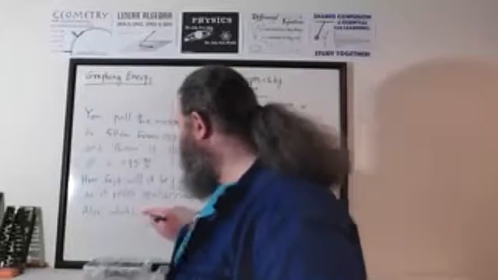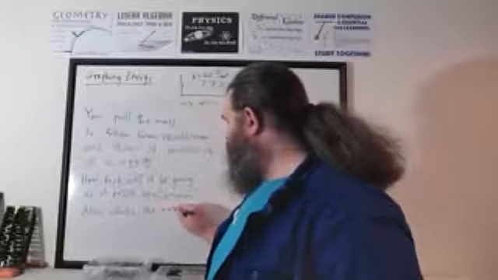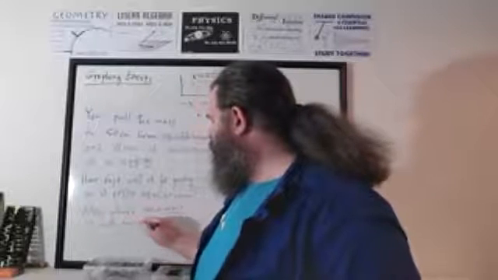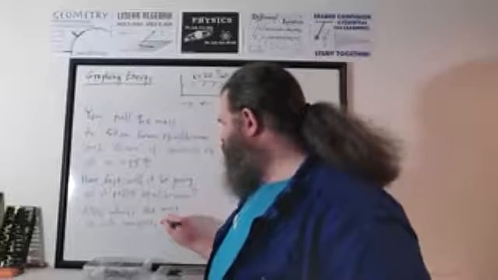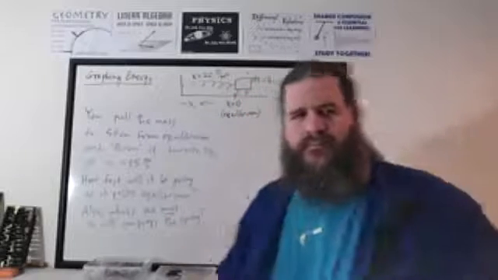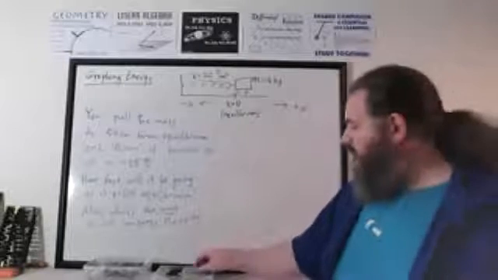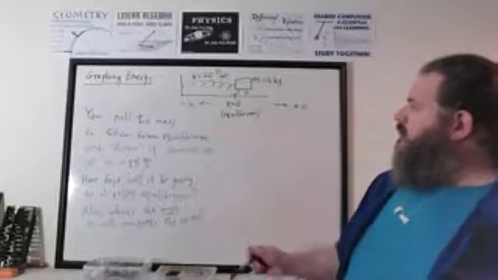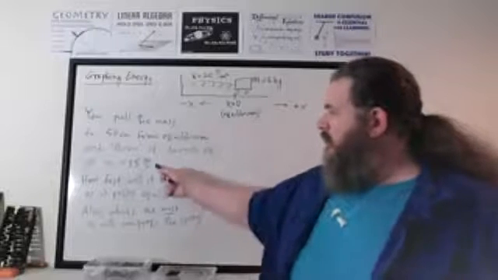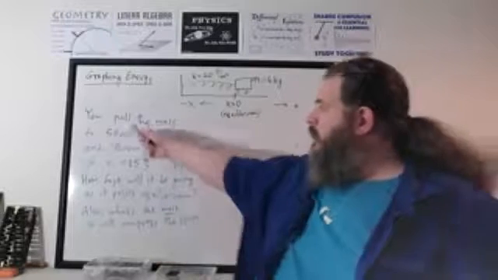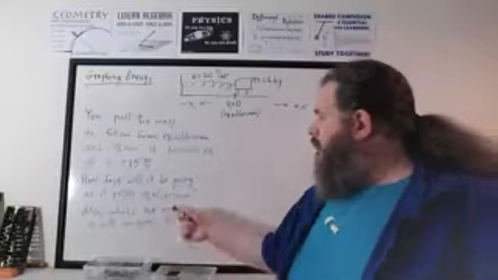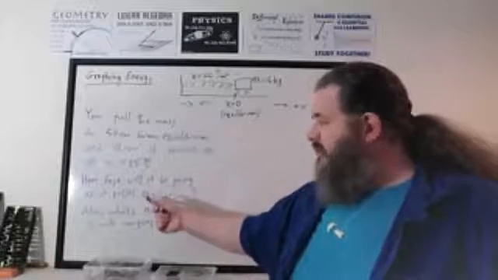What's the most it can compress the spring? So let's see if we can address both of these questions. First of all, we know the starting speed and we know the starting displacement, 50 centimeters from equilibrium. And we want to know, for the final situation, how fast is it going as it passes through equilibrium?